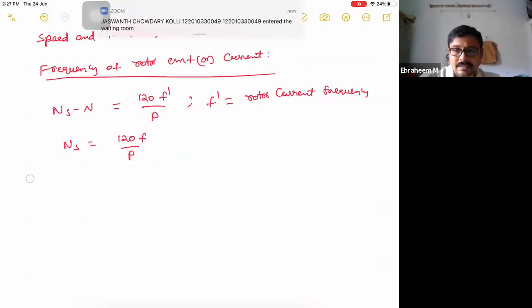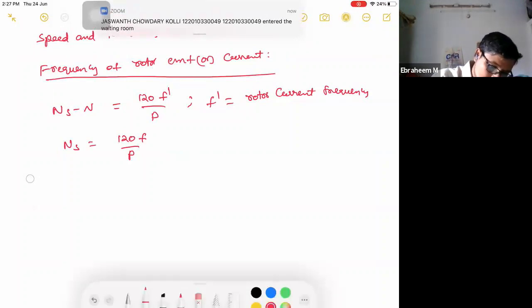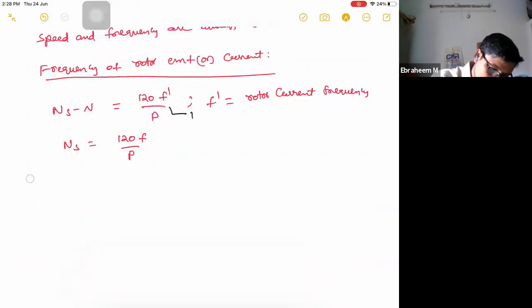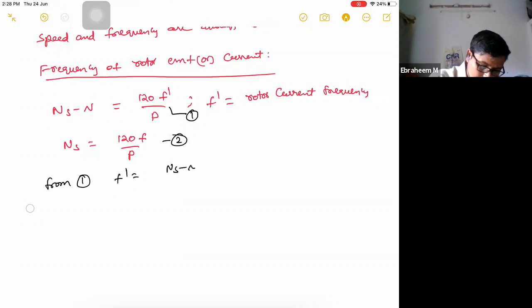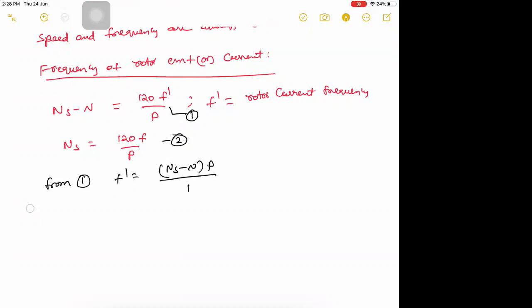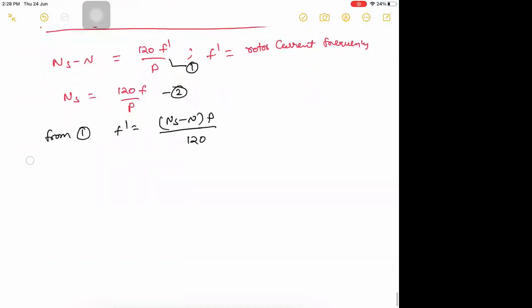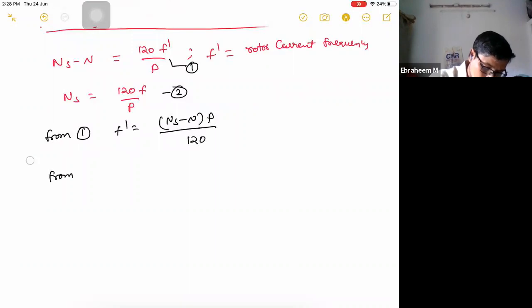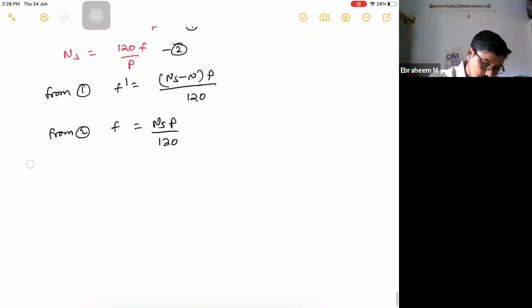From equation 1 and 2: from 1, f dash is equal to (Ns minus N) by p into Ns, by 120, and from 2, f is equal to Ns into p by 120. So this is 3 and this is 4.